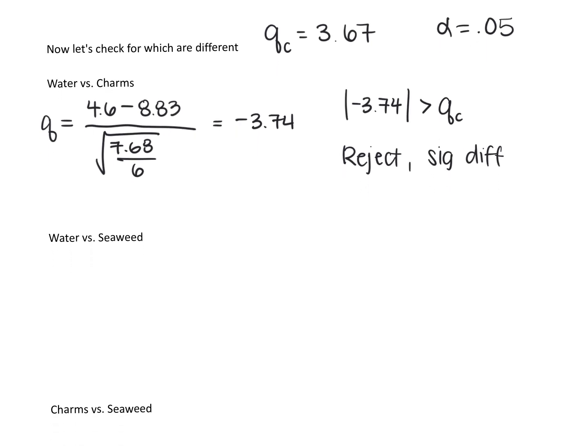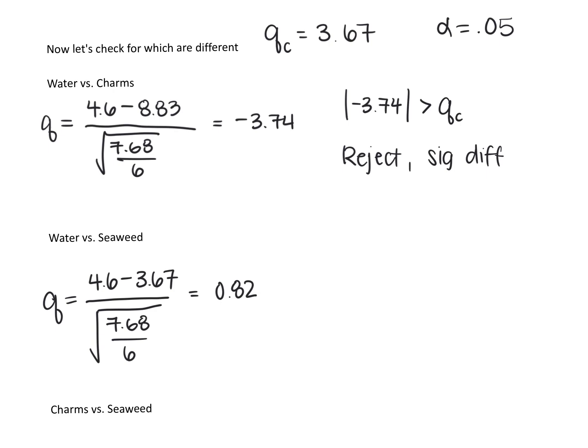For our second example, the water versus the seaweed, we'll have 4.6 minus 3.67 over the square root of 7.68 over 6, which gives us 0.82, which if I compare the absolute value of 0.82, it is less than our critical value, which means we fail to reject, and it is not significantly different.